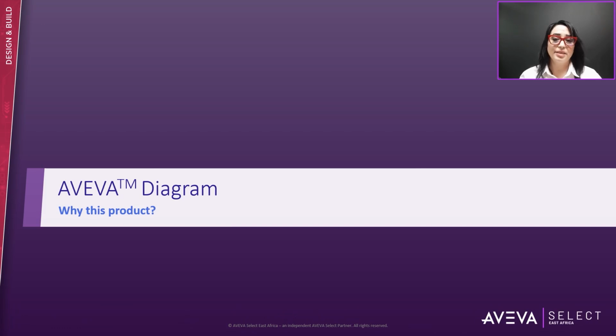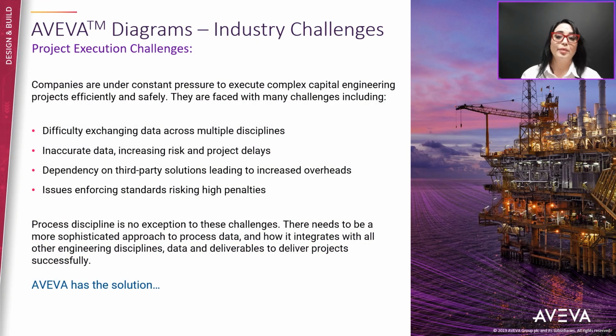So why this product? Companies are looking for an efficient drafting tool to accurately, efficiently, and easily create and manage diagrams, schematics, lists, and reports, aiding them in executing capital engineering projects on time and on budget.